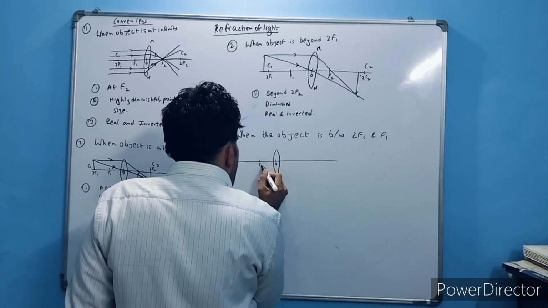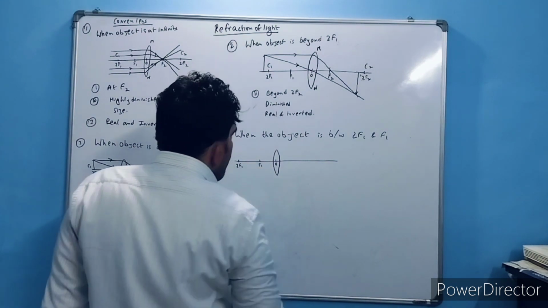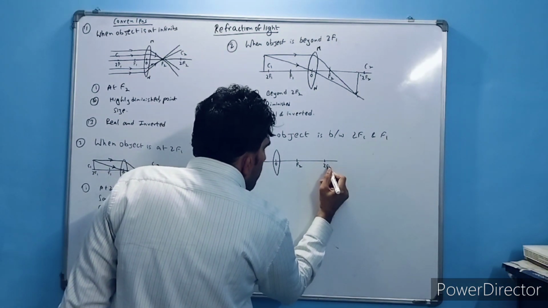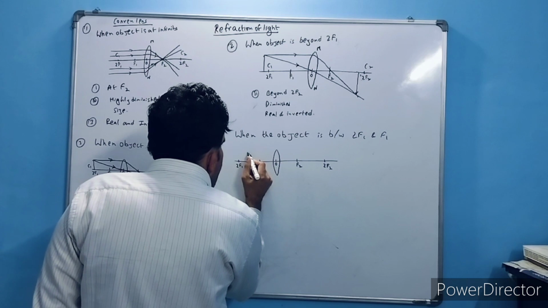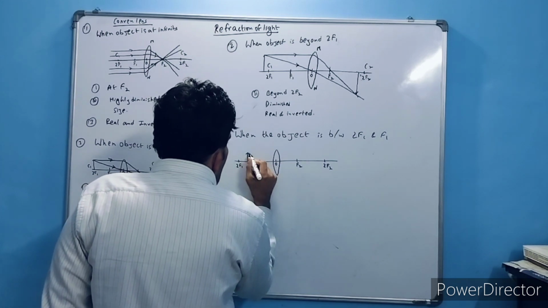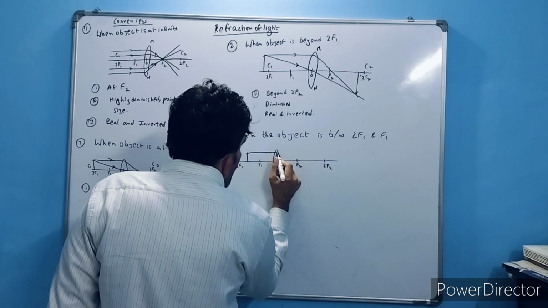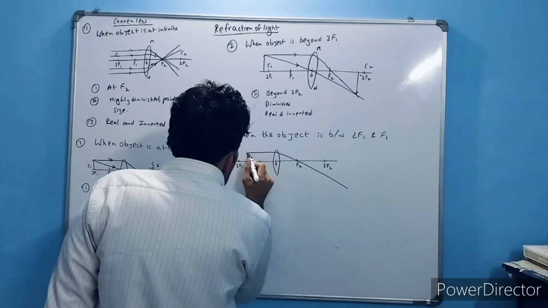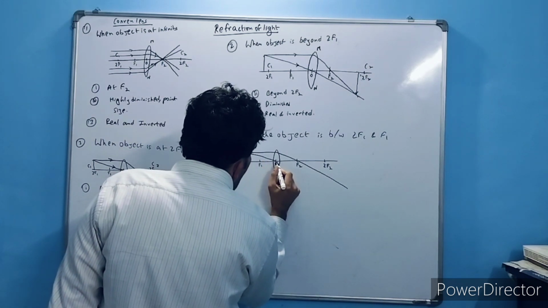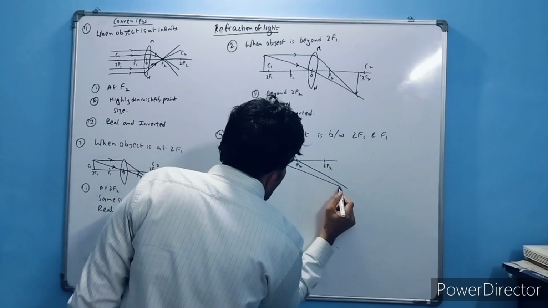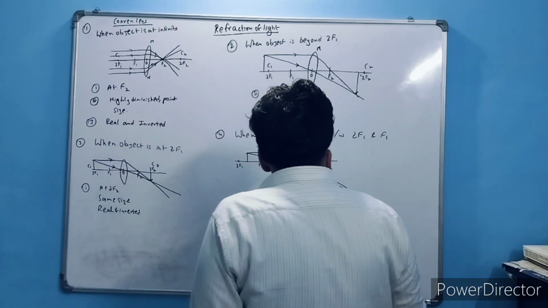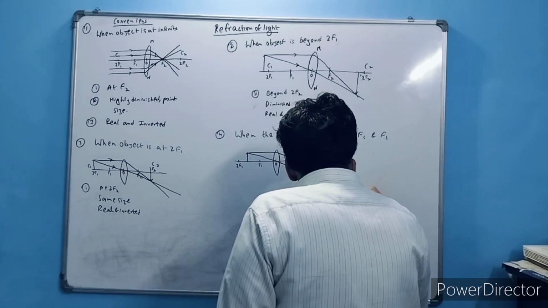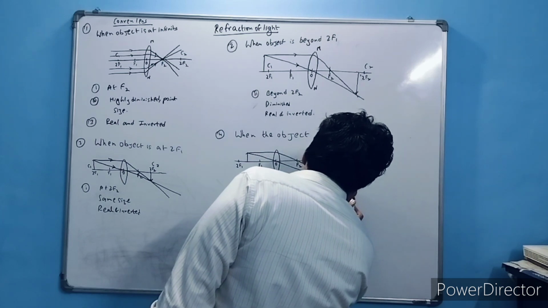Now we have F2. Now when the object is between this, it will be like this.